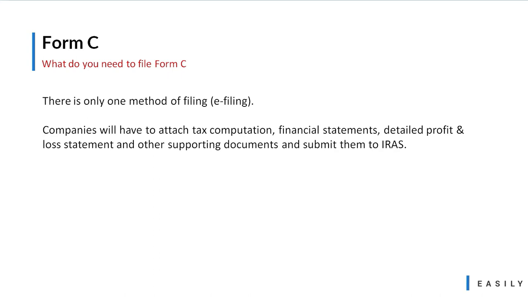Some of you may still remember the previous regime whereby we could go down to IRAS and drop it off at the box once you enter revenue house. But now that is gone, so you can only do e-filing, which means you have to have your Corppass all set up.